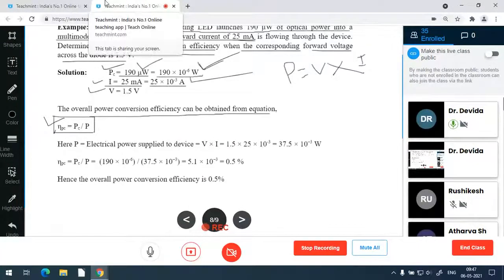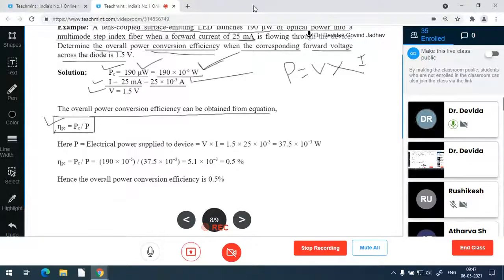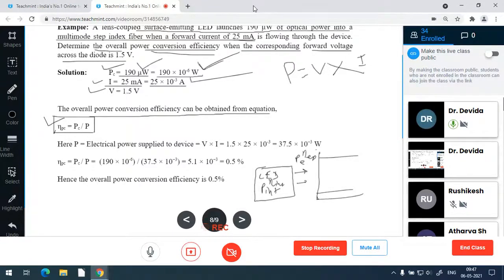So this is the light emitting diode, the crystal LED. It generates internal power with eta internal. It emits the power emitted with eta EP, and there is a fiber which has internally coupled power PC with eta C.